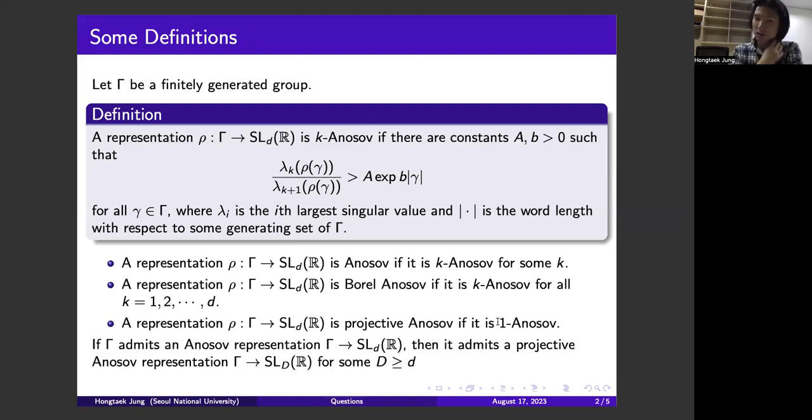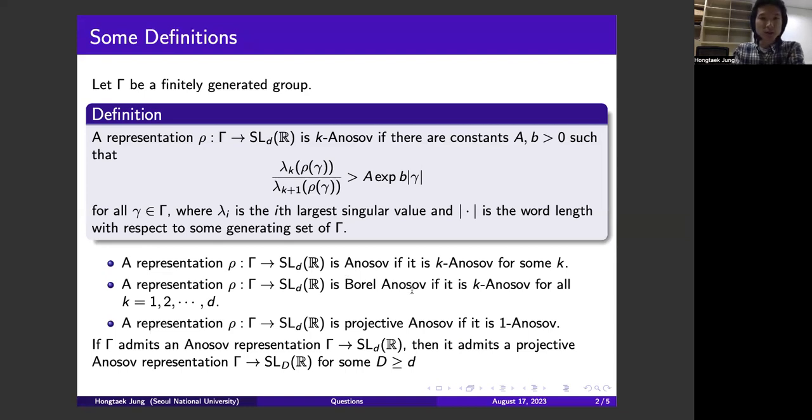One fact that I want to mention is that if Gamma admits an Anosov representation, then it admits a projective Anosov representation in some higher dimension. So in some sense, projective Anosov representations are the most general Anosov representations.